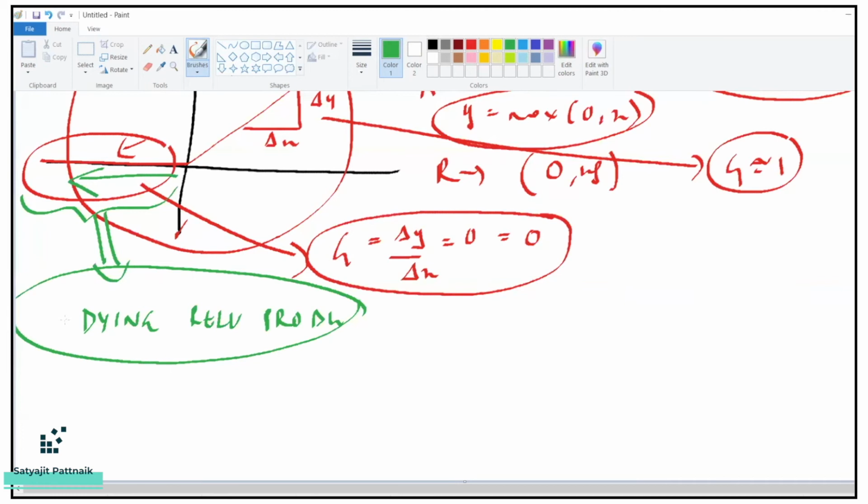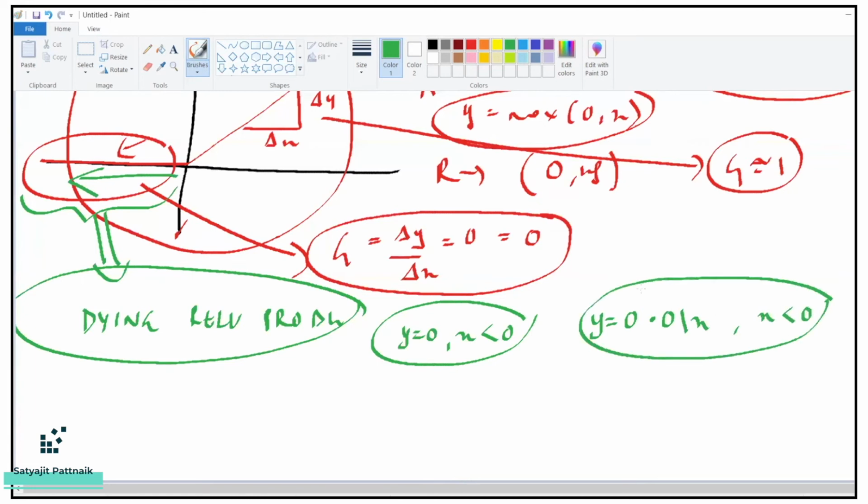To get rid of this issue, instead of y equals 0 when x is less than 0, we define a very small value of y. Let's say y equals 0.01x, where x is less than 0. So in that case, if I redraw the diagram, it will look like this.